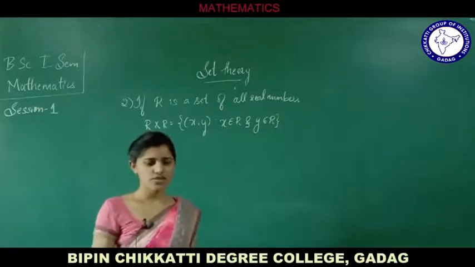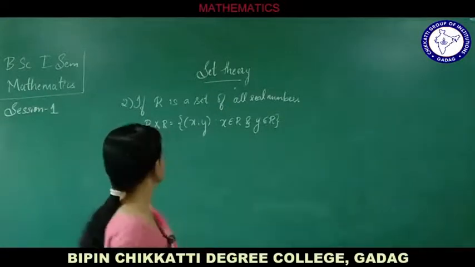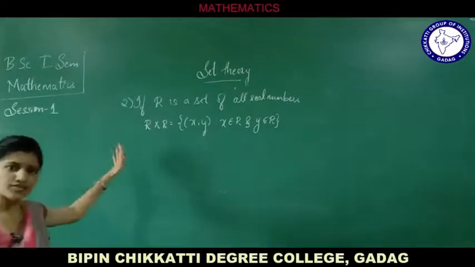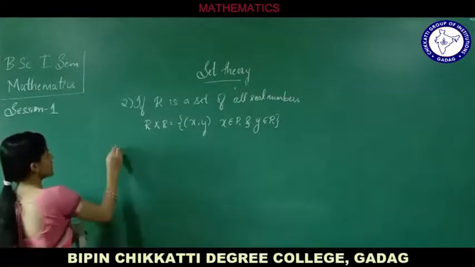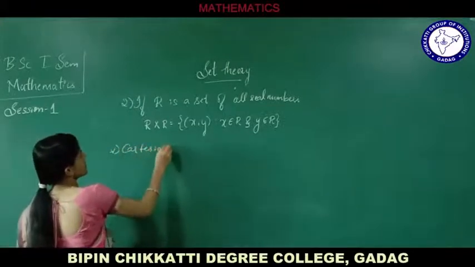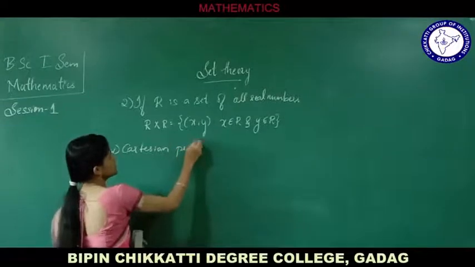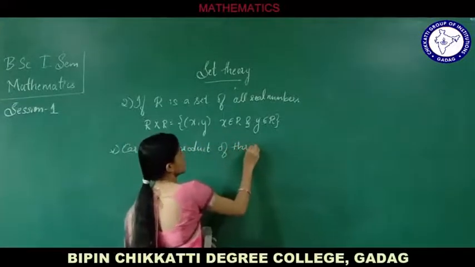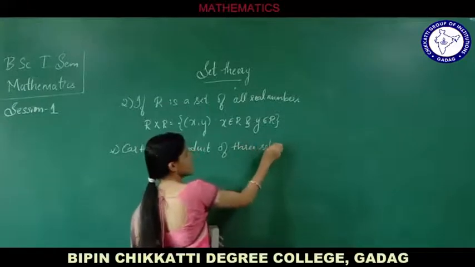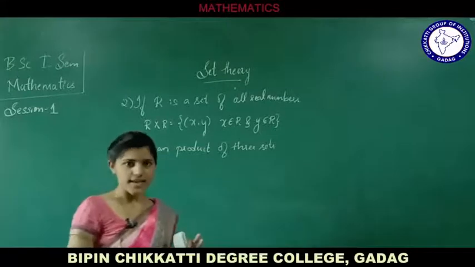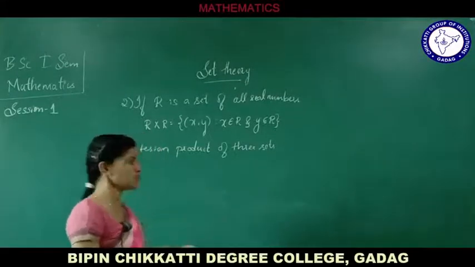Next we are going to consider the Cartesian product of 3 sets. This was the Cartesian product of 2 sets. Similarly, let us look at the Cartesian product of 3 sets.